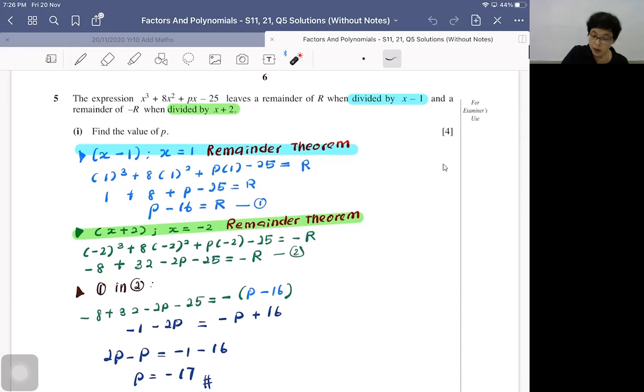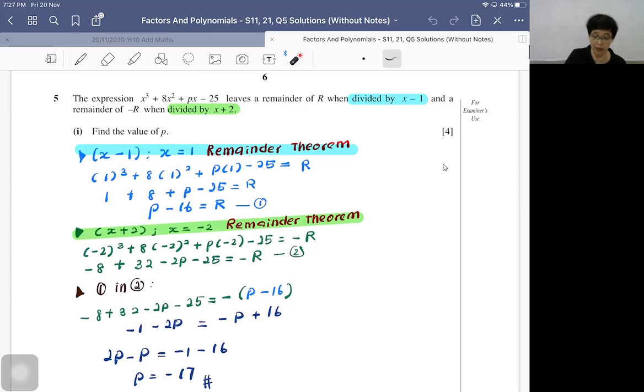Now, when divided by x minus 1, this is the binomial that I talked about. Because this leaves a remainder, this is what we call the divisor. From the x minus 1, we draw out its x value, and the x value always has the opposite sign.